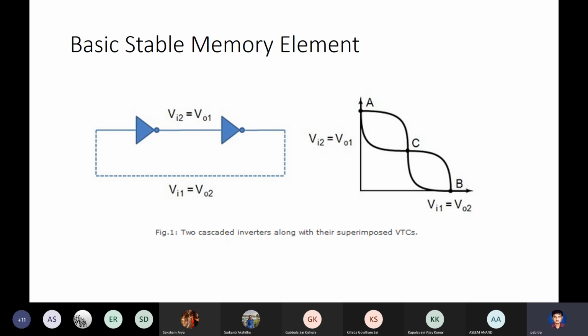The most fundamental circuit is the following: two NOT gates connected end to end in a feedback loop.